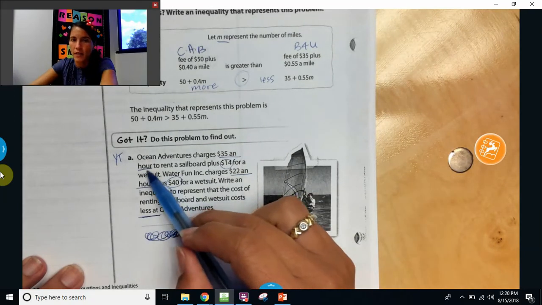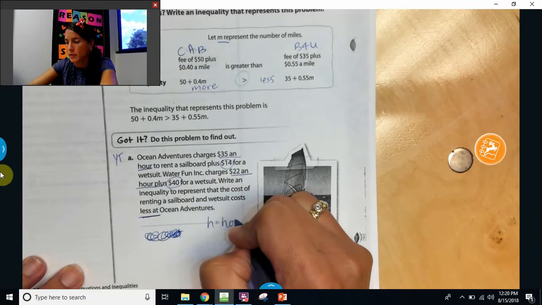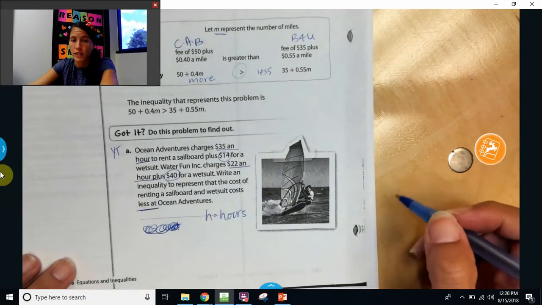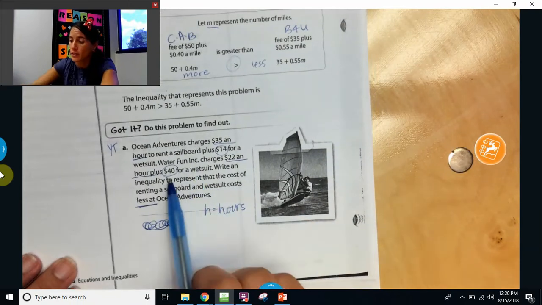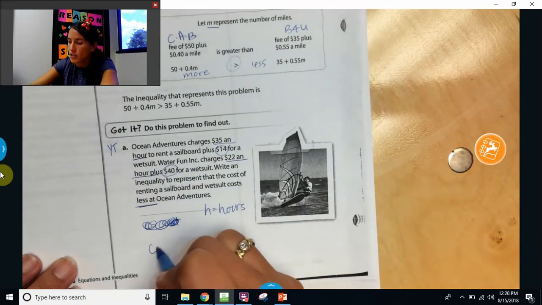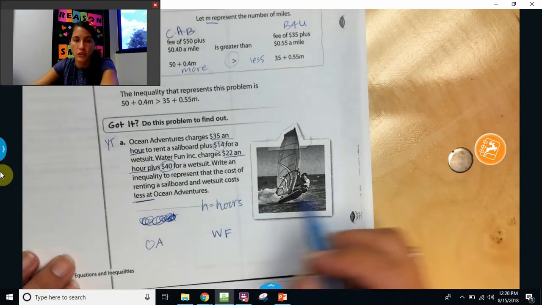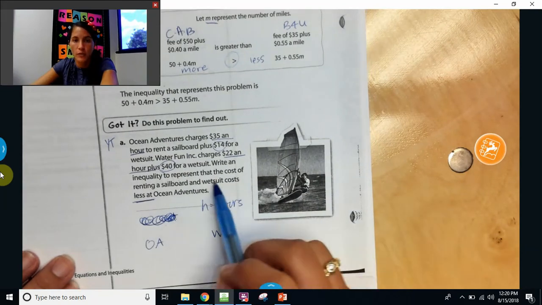So we're talking about how many hours. H would be hours because that's the variable that we don't know. We defined our variable, and now we're just going to compare our two quantities. We have Ocean Adventures and Water Fun Incorporated. Those are our two.